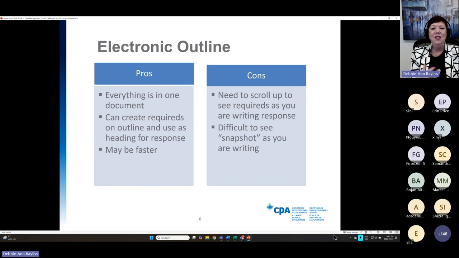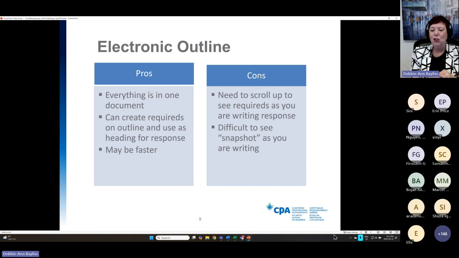Things I've noticed as an exam supervisor is some candidates have actually done it so that they have a 2-page view, so that they're not having to scroll down as much. And actually, I've seen a few candidates who have much better eyesight than I do, who've actually done a 4-page view. So there are ways to combat the disadvantages.